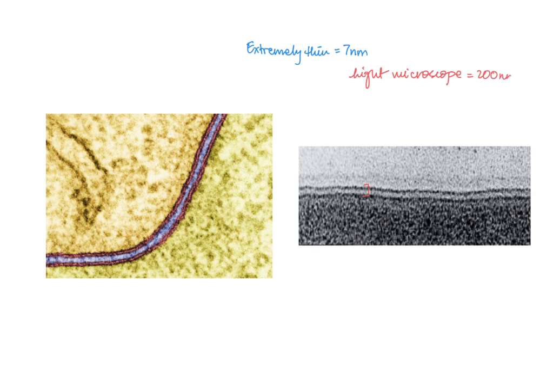But since the membrane is only 7 nanometers thick, that makes it far too small to be viewed under a light microscope, which is why a detailed structure of the cell membrane can only be viewed under an electron microscope. And in order to view anything under a microscope, we need to stain it first.